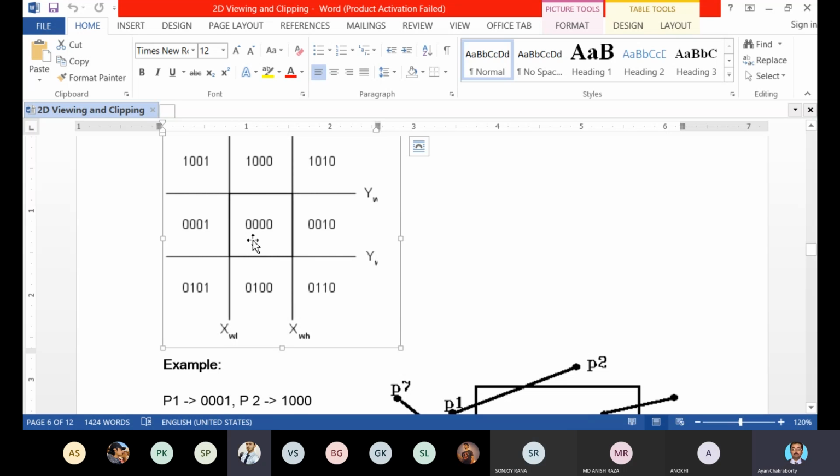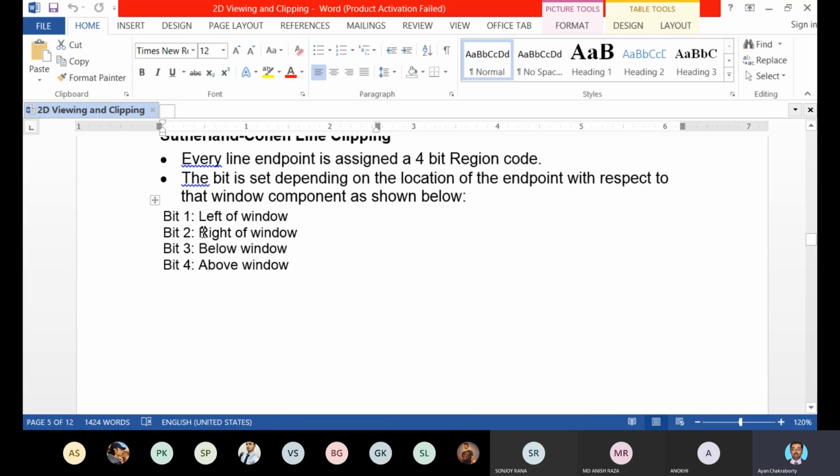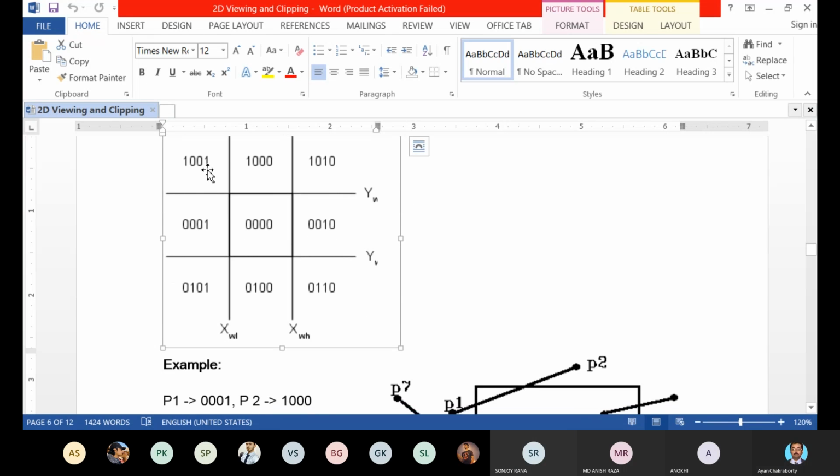Now we will go for the second bit. The second bit will be 1 if we are at the right side of the window. Otherwise, it will be 0. So let's see. For the northwest region, we are not on the right side of the window, so the second bit will be 0.